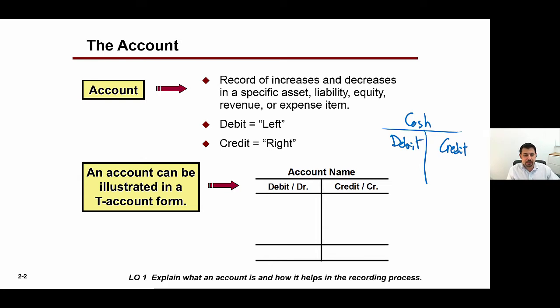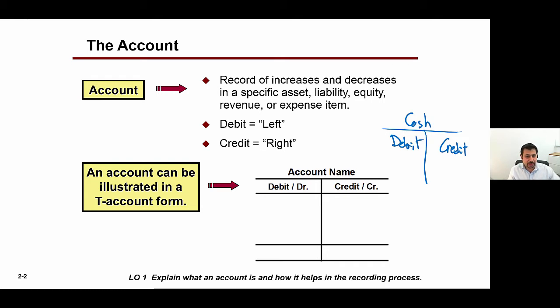Now, to make it clear, debits and credits do not mean increase or decrease in a certain account. They simply mean left and right. So for instance, in English you say to the left or to the right. In French you say à gauche, à droite. In accounting we say debit, credit.